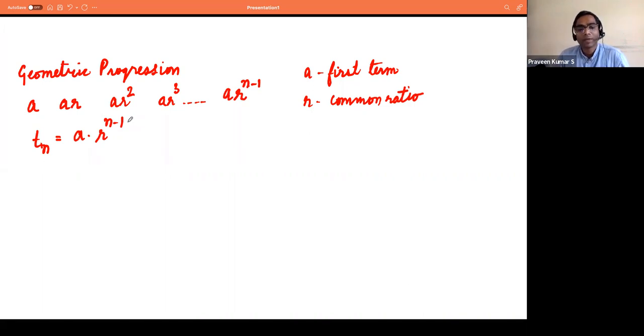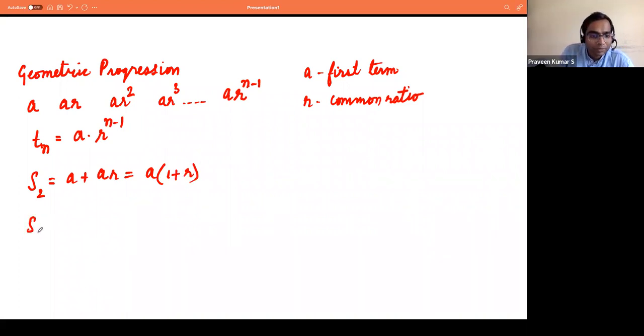Okay. Now even here, you will be asked to calculate the sum of terms. So let me just show you a couple of scenarios. Let's say the sum of the first two terms, a plus ar. You will write it as a into 1 plus r.